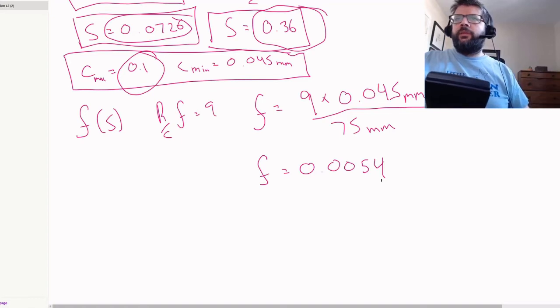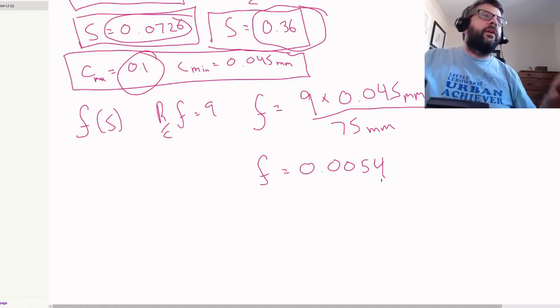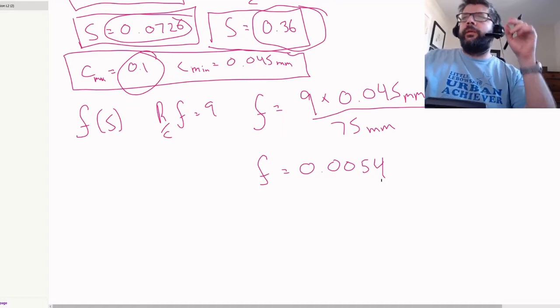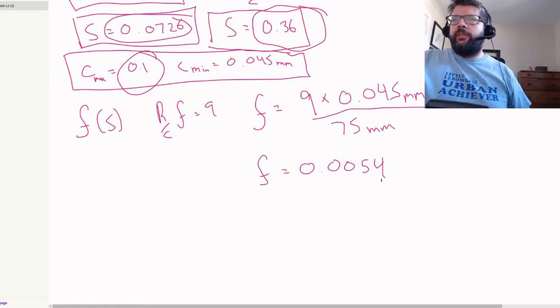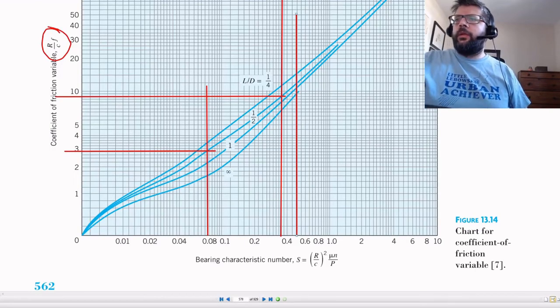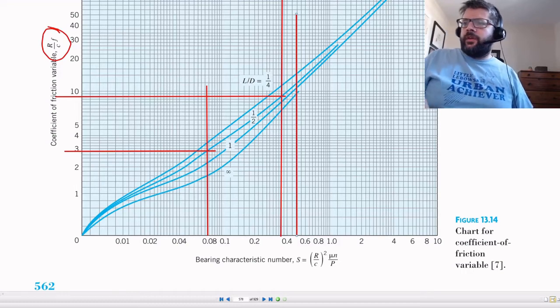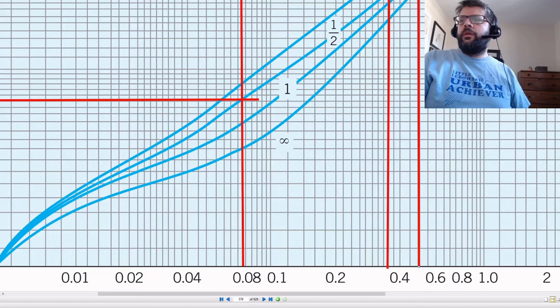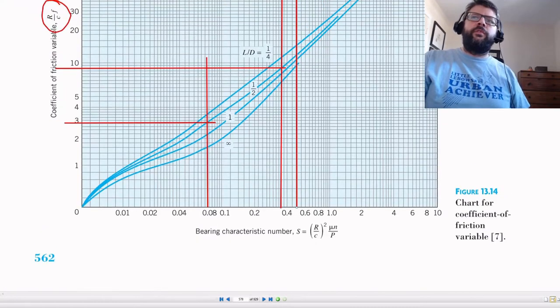So the next one we need to do is the one that corresponds to the S value of 0.0726, or 0.072. Looking at this chart here, we're looking at about 2.8 for our coefficient of friction variable.